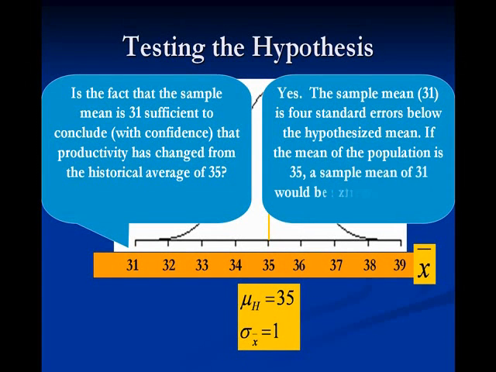And by now you should understand that if we're 4 standard deviations or 4 standard errors away from the mean, there's just not a very high likelihood of having a value that far away from the mean. It would be extremely unusual. We can't be certain that it's not 35, but we can be highly confident because the area below 31 is going to be very close to 0.